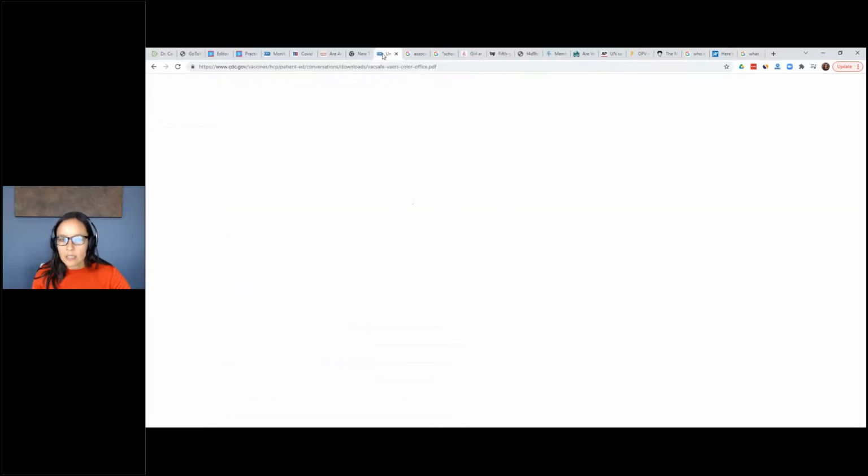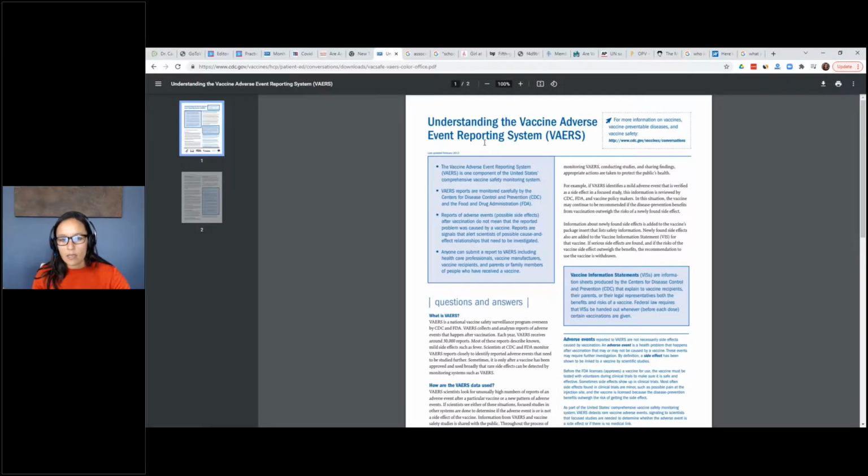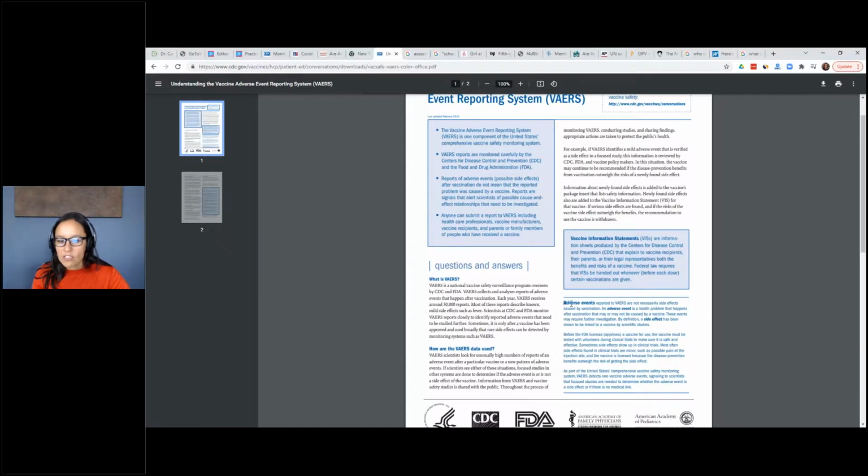If you click on this information, it describes what the Vaccine Adverse Event Reporting System is. It says adverse events are not necessarily side effects caused by vaccination. An adverse event is a health problem that happens after vaccination that may or may not be caused by a vaccine. These events may require further investigation. By definition, a side effect has been shown to be linked to a vaccine by scientific studies, right?